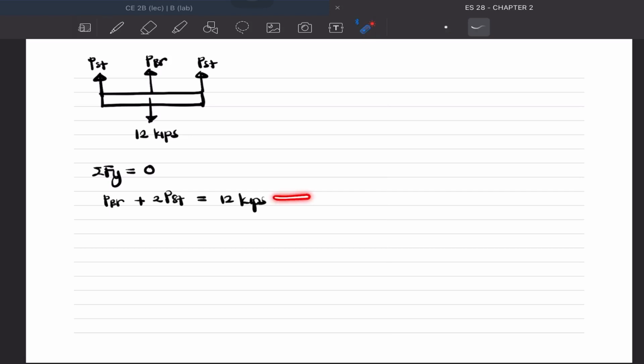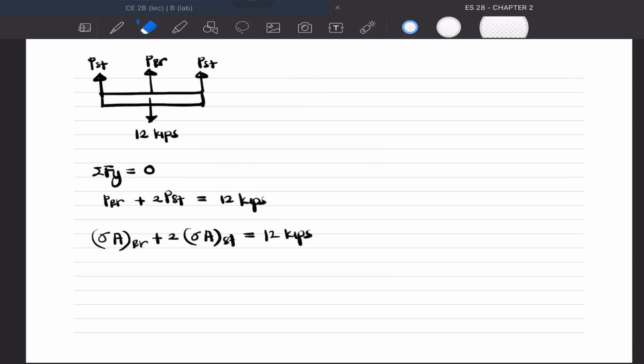So, pwede na kani ang second equation, pero nag-involve man siya og force P. So, pwede na ito ni siya himuon, di ba, stress equals load over area. P is equal to stress times area. Stress times area sa bronze plus 2 stress times area sa steel bars equals 12.